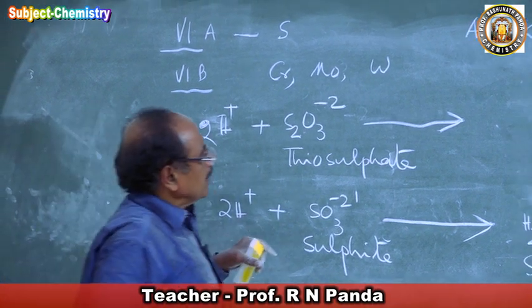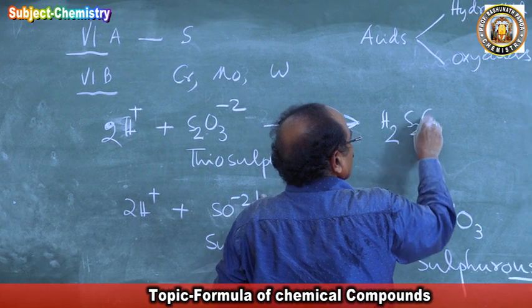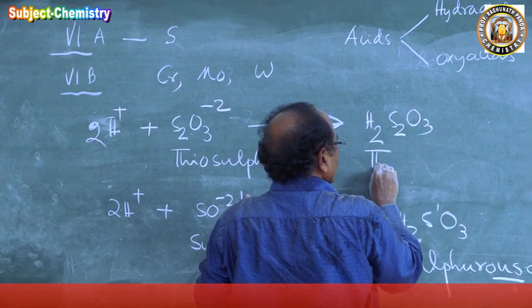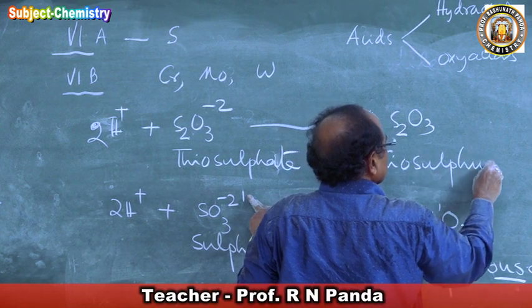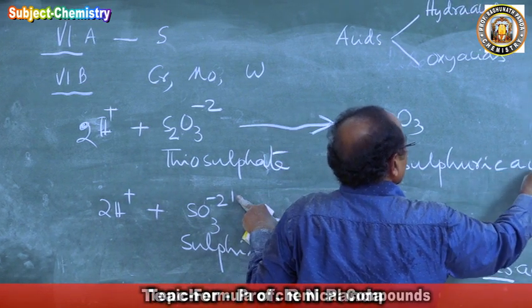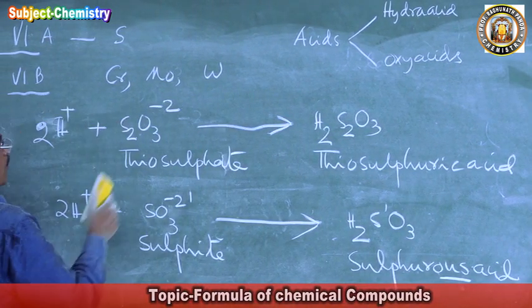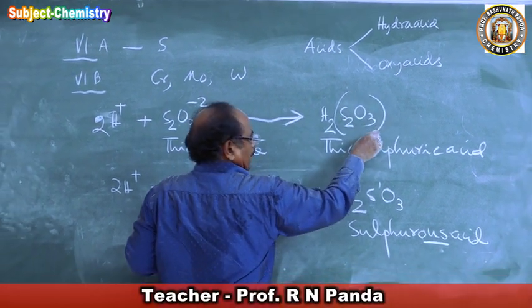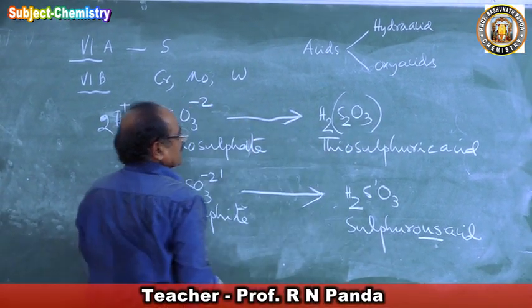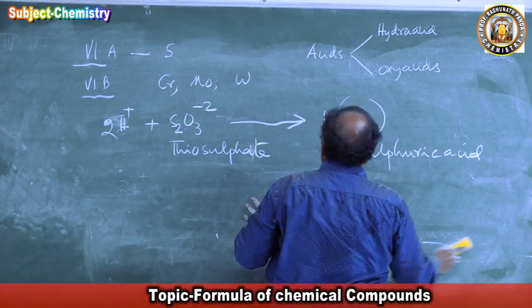So the formula will be H2S2O3. So this is thiosulfuric acid. When somebody writes the formula, you can write the name very easily, because the moment you see the acid radical thiosulfate, thiosulfuric acid will be the name. Even if you do not remember, you can write the name yourself.